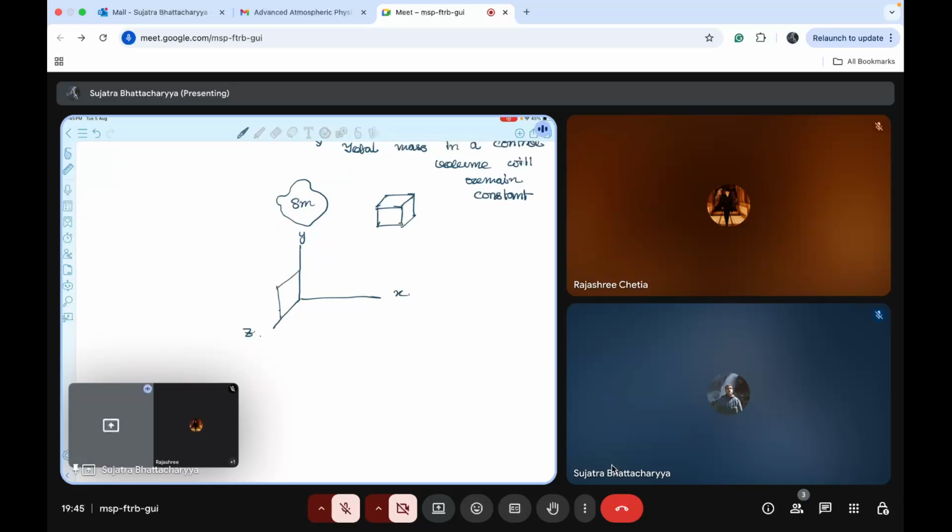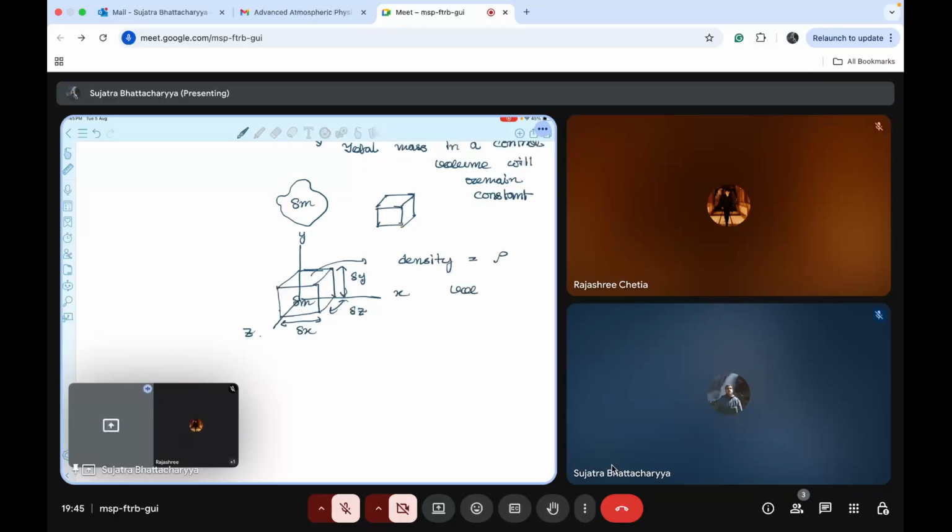Make a cube, or a cuboid I would say, where this is your delta x, this is your delta y, this is your delta z. The mass inside is delta m, and let the density be rho.